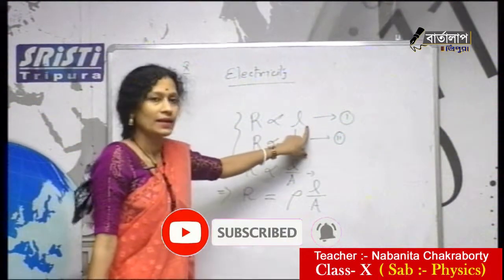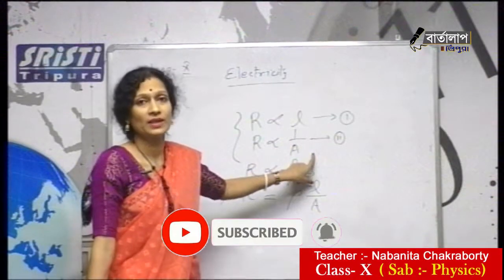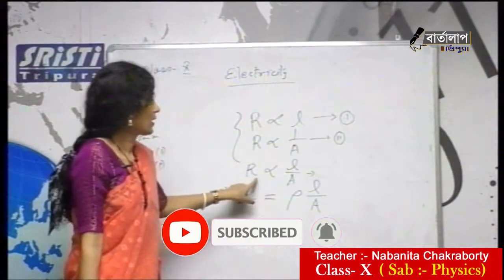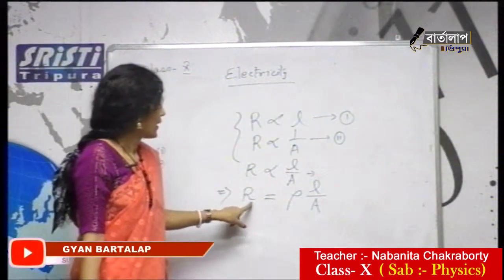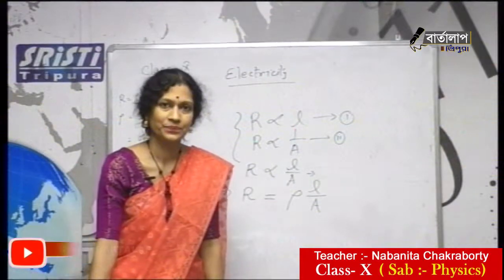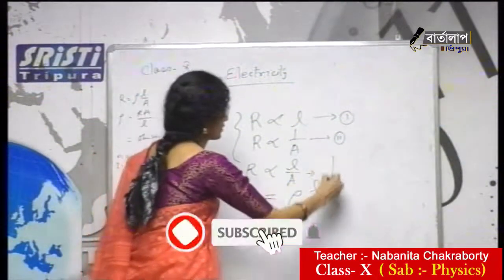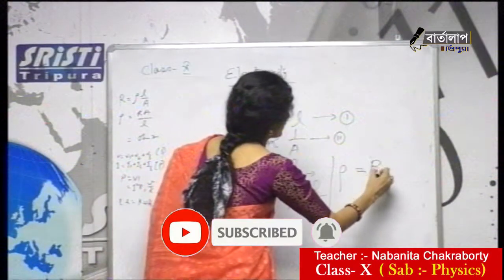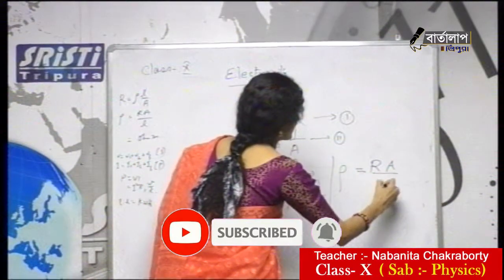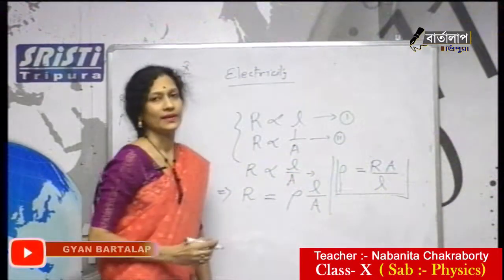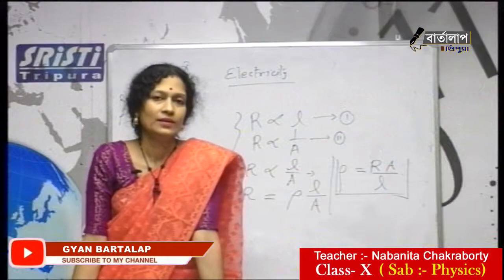R proportional to L, R inversely proportional to A. If we combine these 1 and 2, then R equals rho into L by A. Now what can you write about rho? Rho equals R into A divided by L. In that way, we can explain rho.